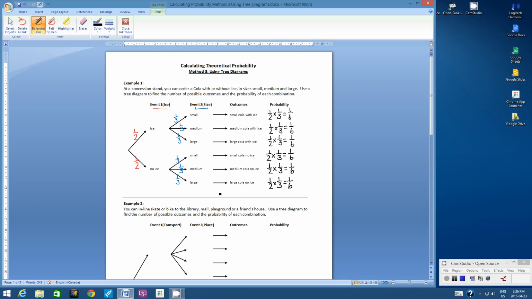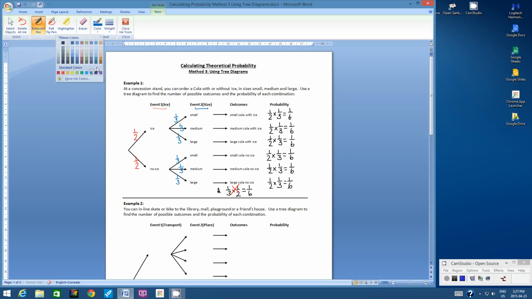Now, an important note here is that what if you wrote down 1/3 times 1/2? Would you get the same answer? Yeah, you would. However, you cannot write it this way because the first branch did not say 1/3. It said 1/2. So if you wrote it this way, it would be wrong.